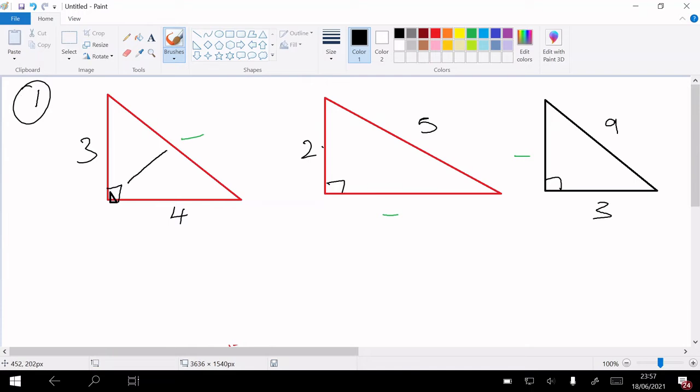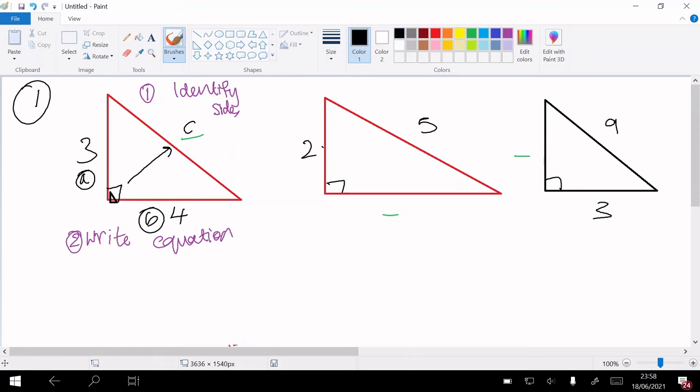The side opposite the right angle is C. The other two can be either A or B. Perfect. That's it. Step 1, identify sides. Let me write that down. Step 1, identify sides. Step 2, write the equation.